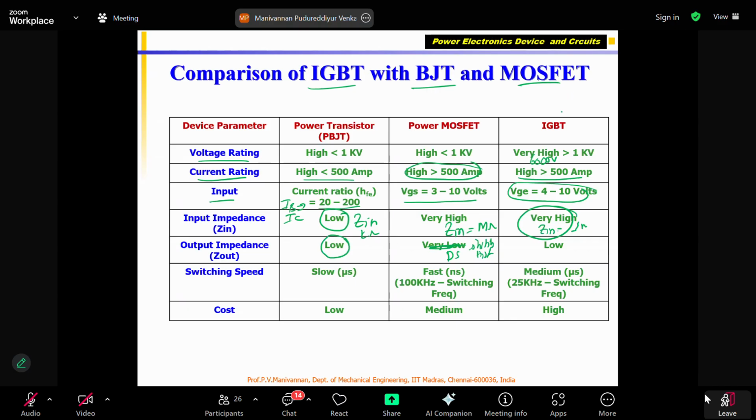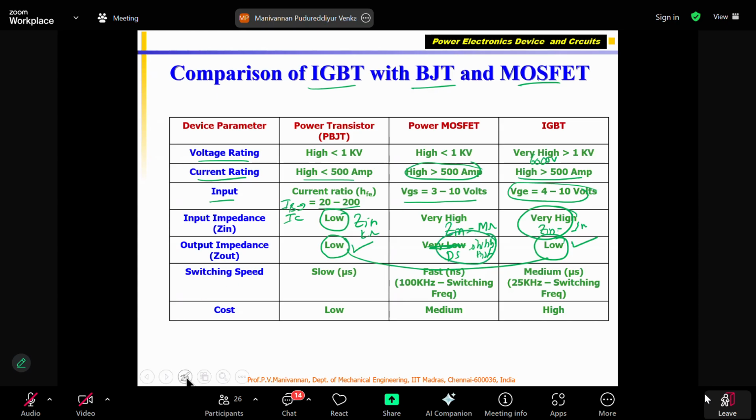But in IGBT, we are using the same transistor at the output, so it has low output impedance. Due to this, the power dissipated will be low. If output impedance is low, the power dissipated by the device will be less. So IGBT will have low losses, like the transistor, but MOSFET will not.